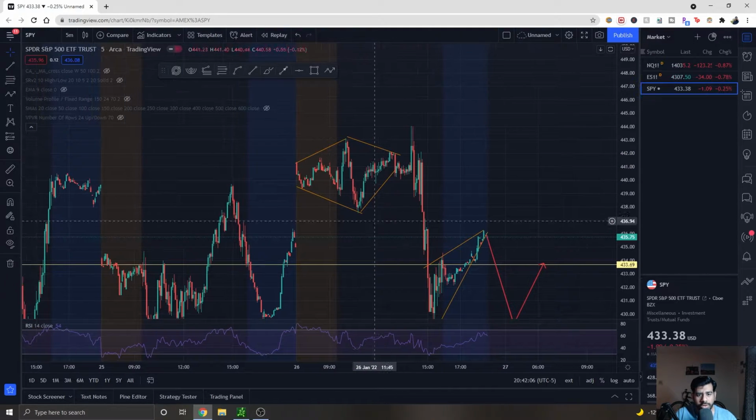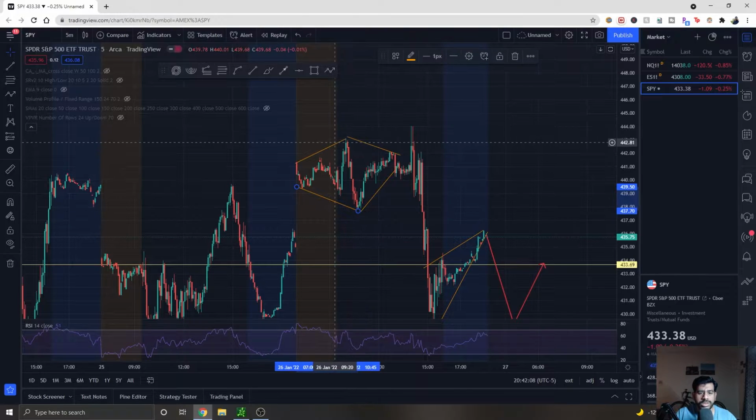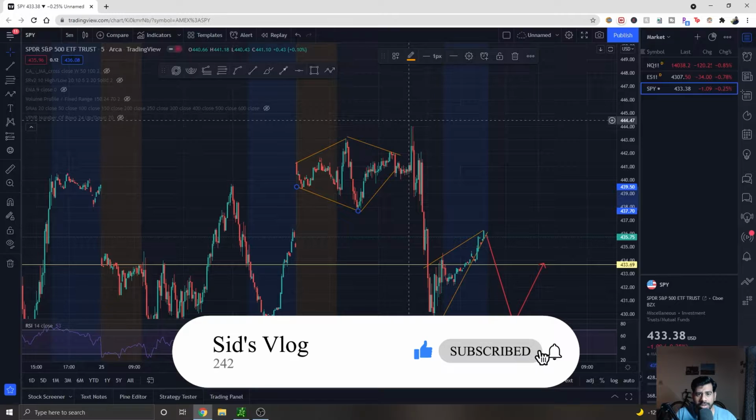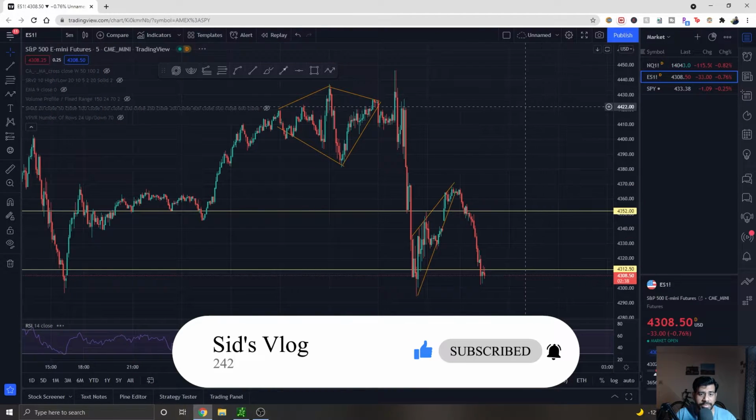Now most traders don't want to consider the pre-market hours while charting, so let's move towards ES1, which tracks the S&P 500 mini futures, and let's see what happens over there.